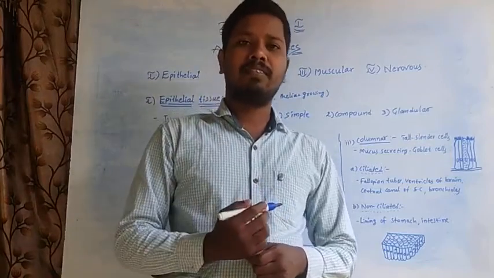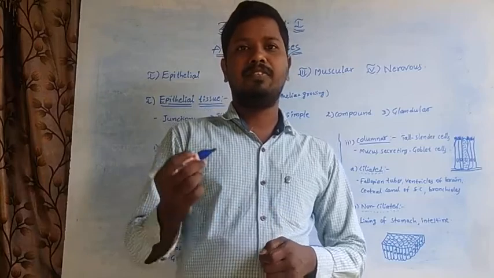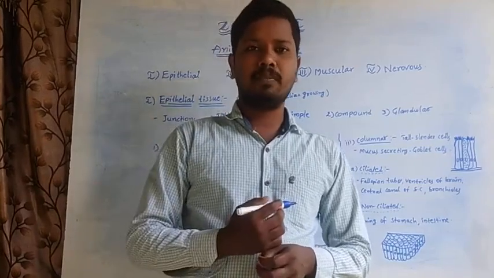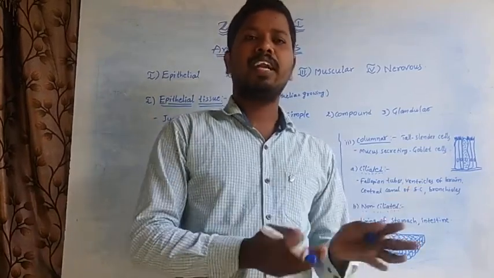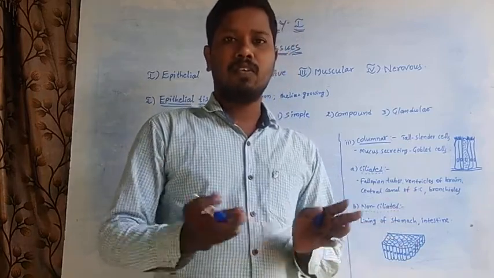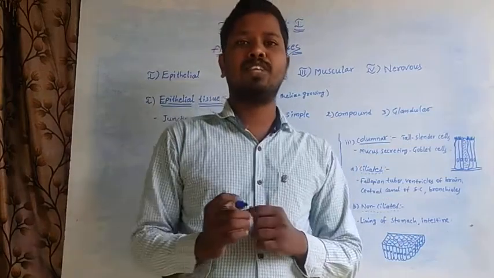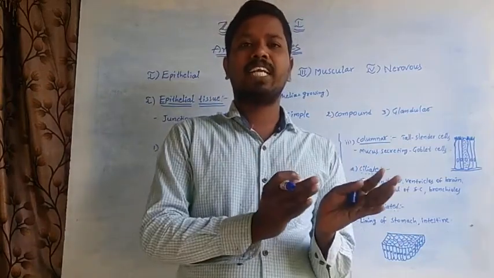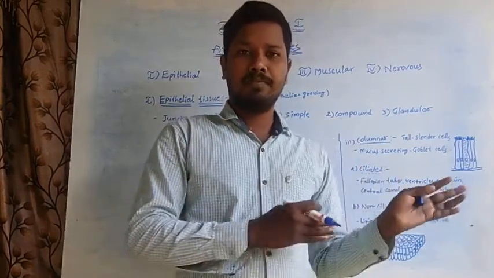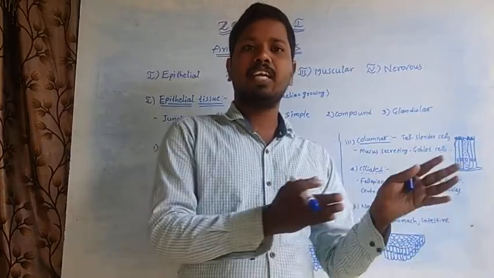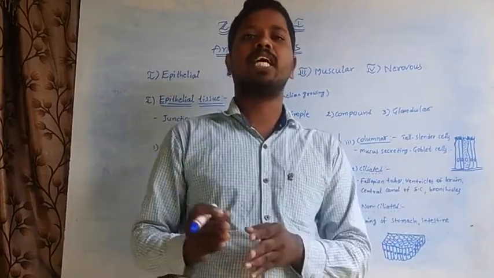But in the complexity of multicellular organisms, different types of cells are present. Different types of cells are fused together and form a new structure. These different types of structures are called tissues. Different types of tissues can perform different types of functions.